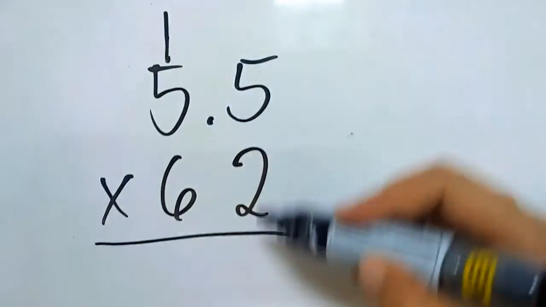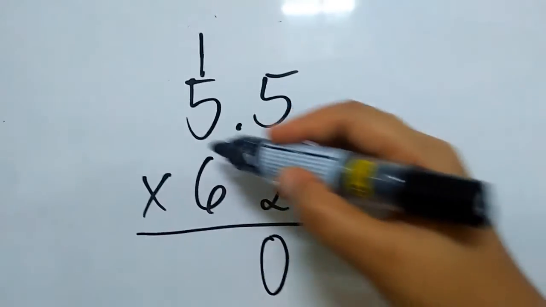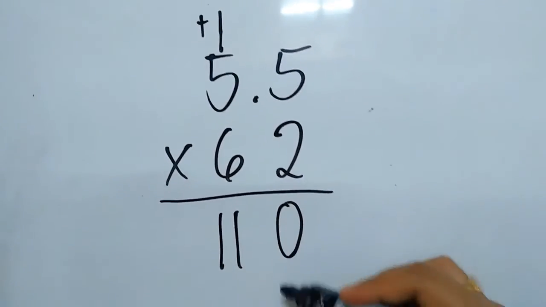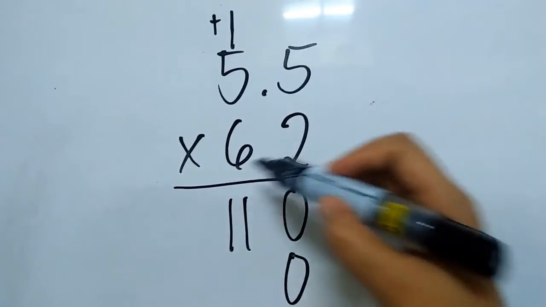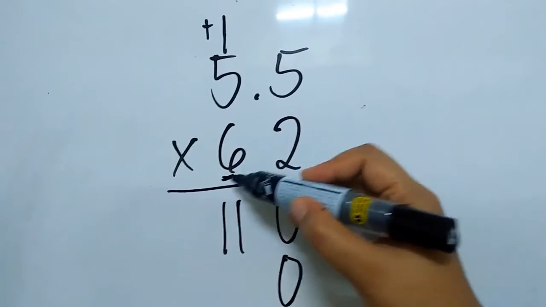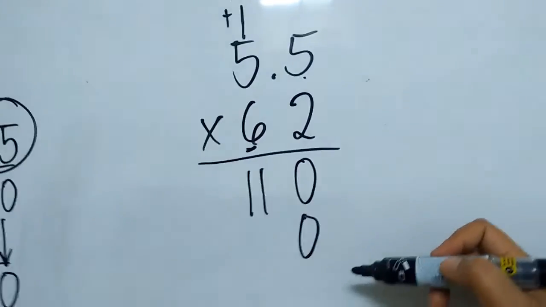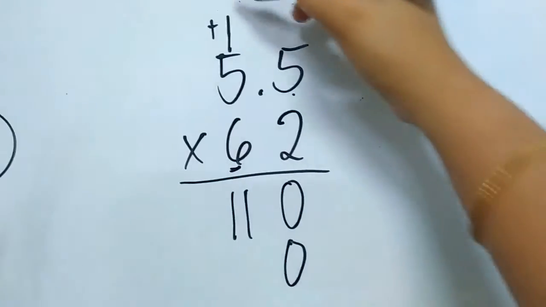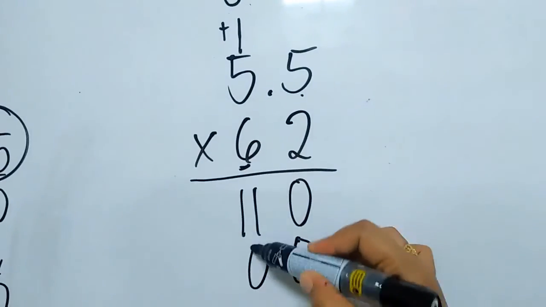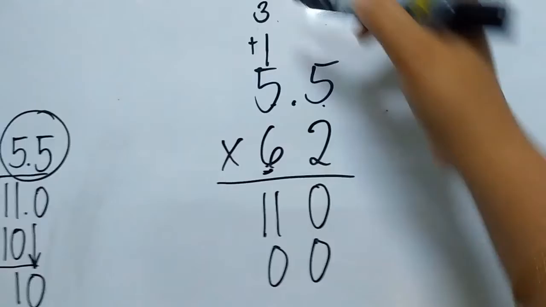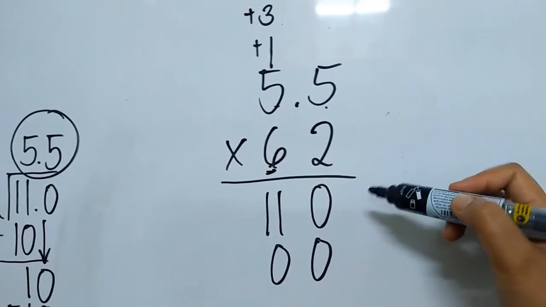It's 10, 1 up, 0 down. 2 times 5 is 10 plus 1 is 11. Put 0 on the ones place before you multiply 6. 6 times 5 is 30. How to write 30? 3 up, 0 down.